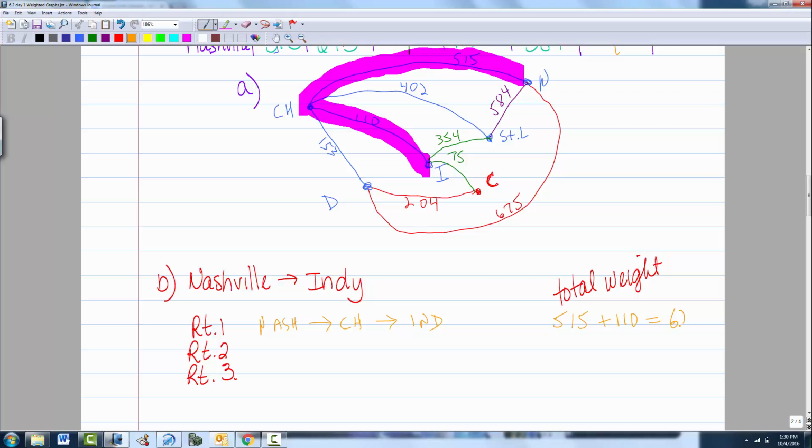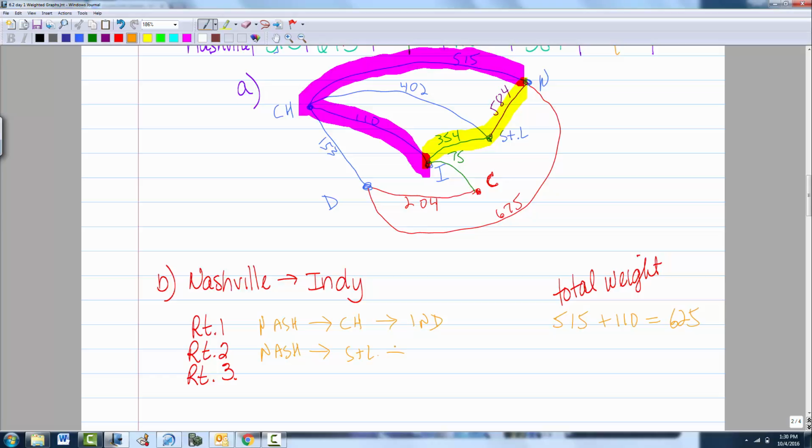A lot, but is it the shortest? I think it might be. Because if I go this way, it looks shorter on your graph, but is it shorter as a distance that you have to travel? And the answer is, of course, no.